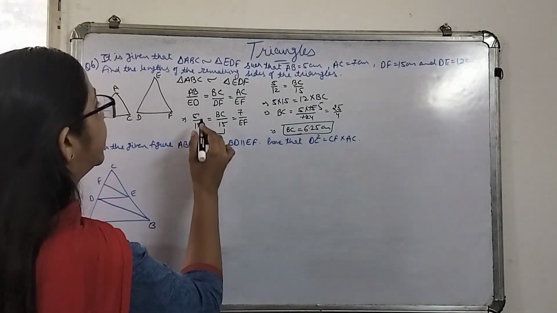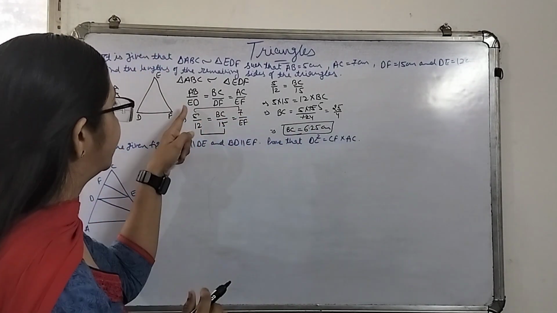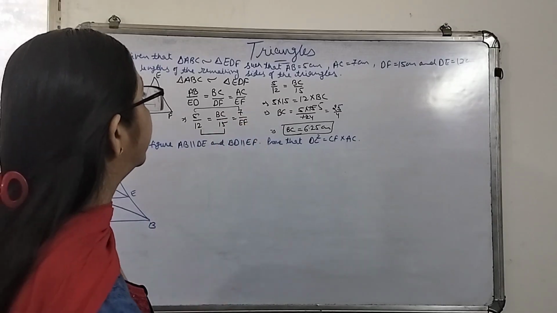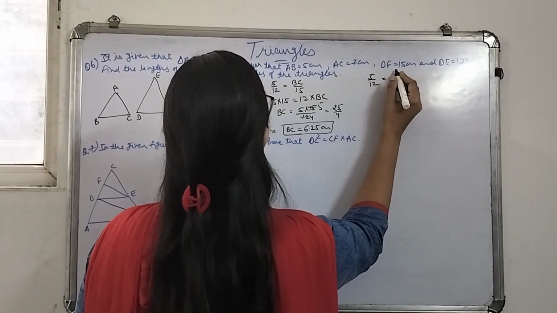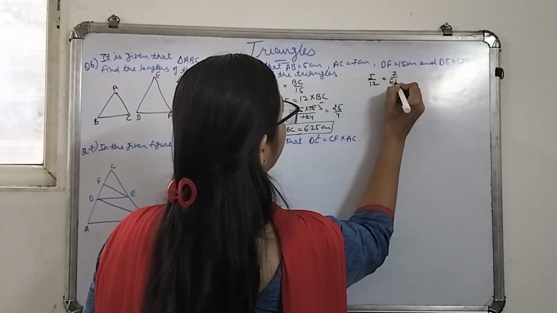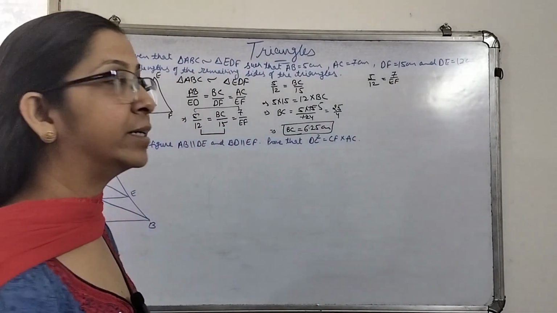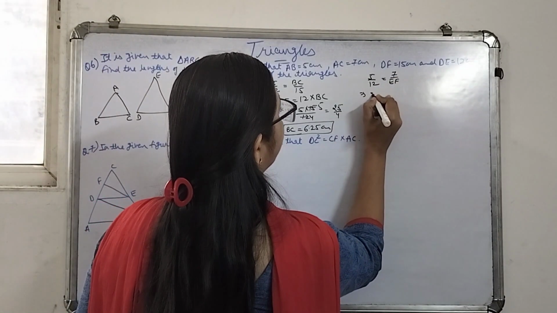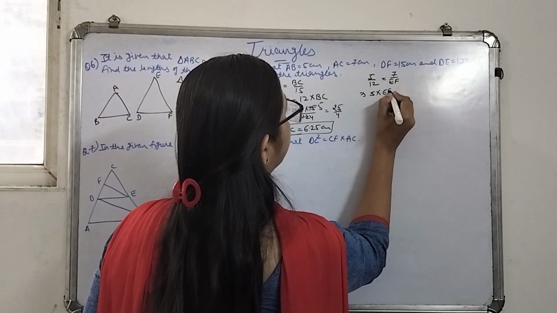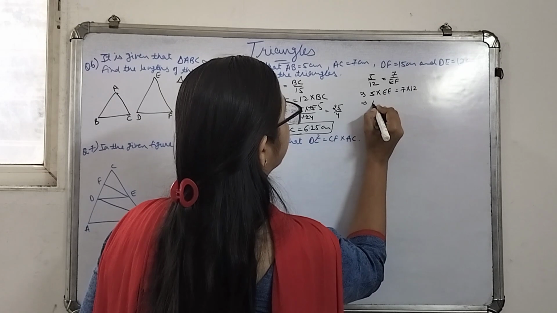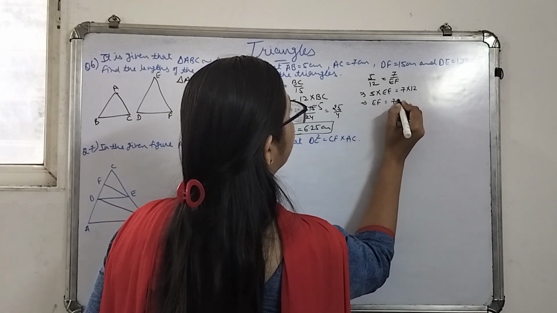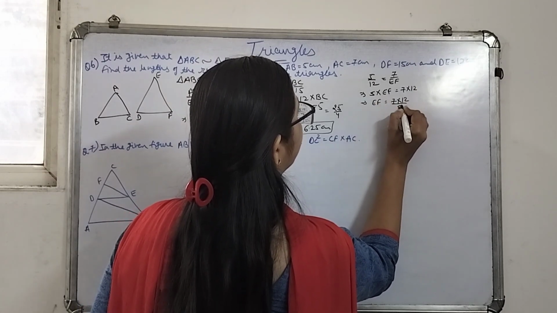Now if we take these two ratios, that is 5 over 12 is equivalent to 7 over EF. Again we will be cross multiplying it. So it will be 5 multiplied by EF is equivalent to 7 multiplied by 12. That is, EF is 7 multiplied by 12 divided by 5.